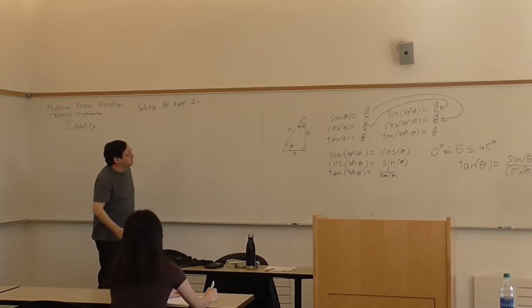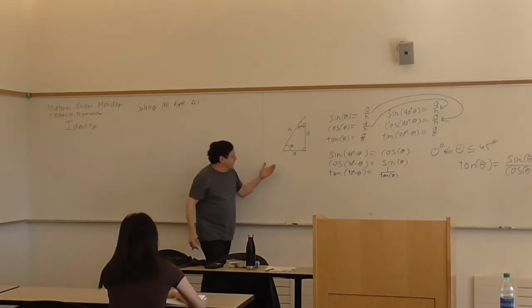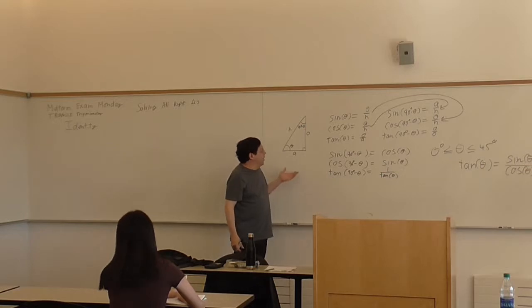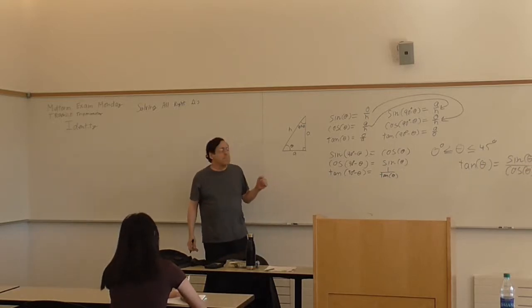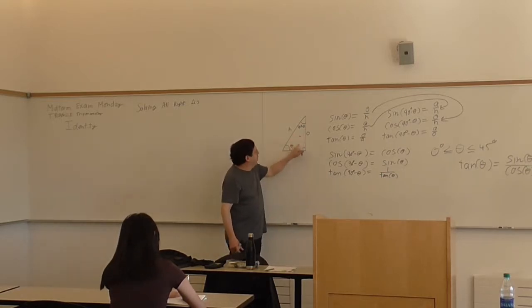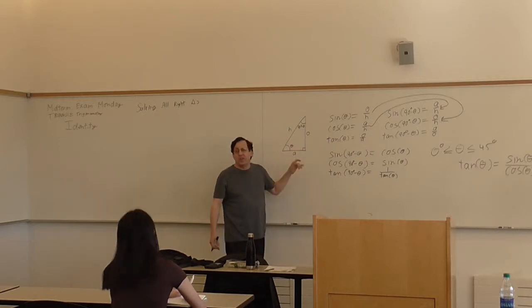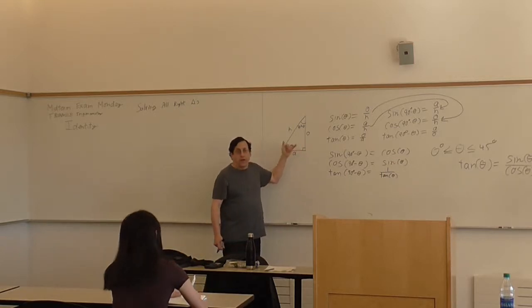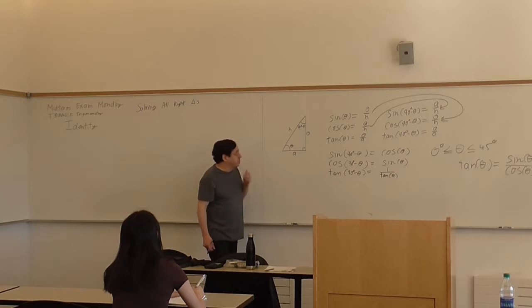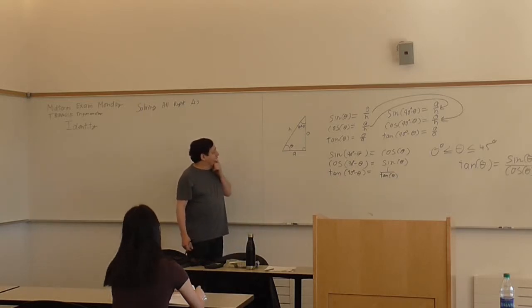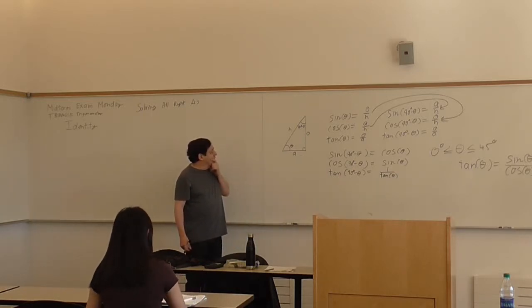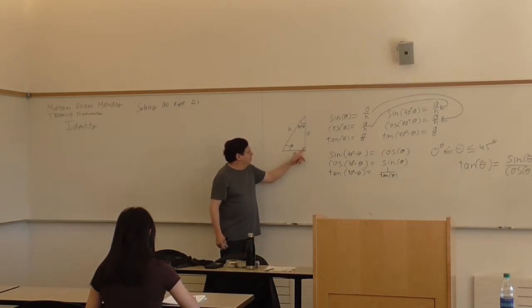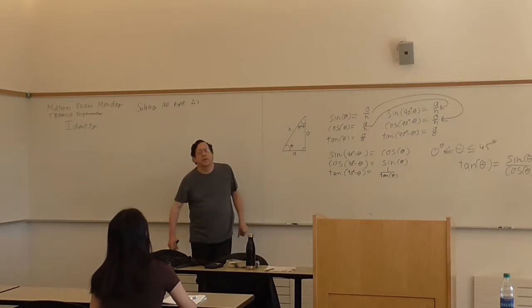So what do I mean by that? Well, let me give you an example of something that I don't mean. Let's say I have a right triangle. So by definition, I know one of the angles: the right angle is 90 degrees. Let's say I know just the length of one other side.